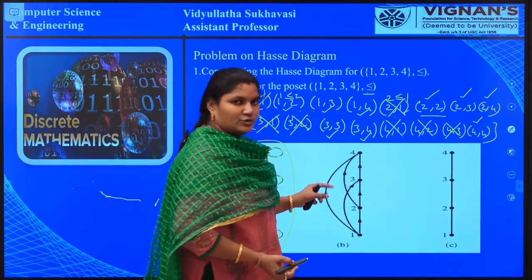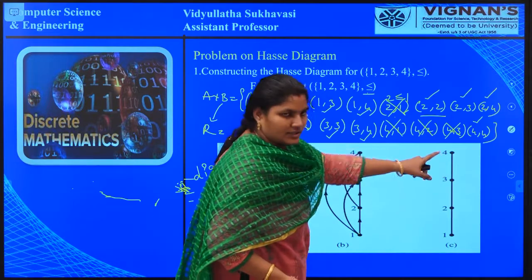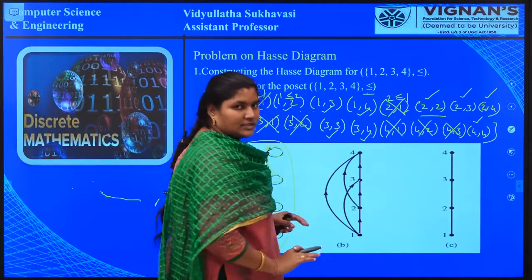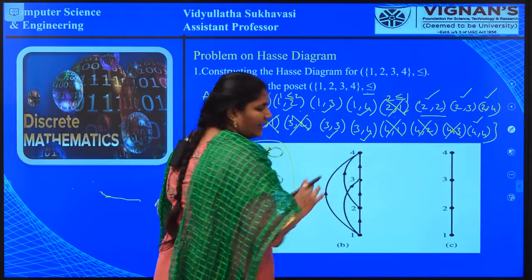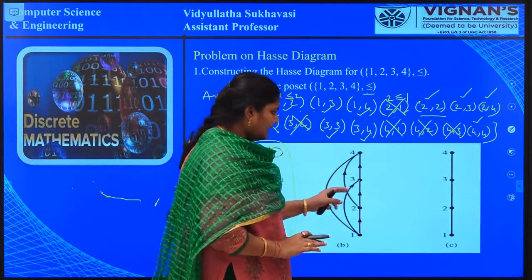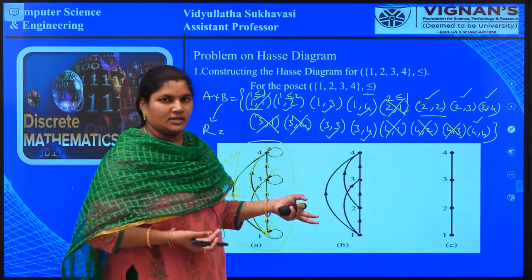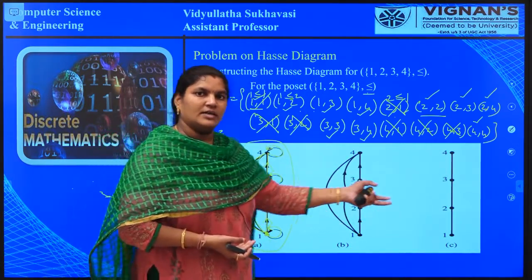Whenever we connect like this, we need to check whether an edge from 2 to 3 is there or not, 2 to 4 an edge is there or not. If there is an edge, we can draw like this. Otherwise, we can separately represent the edge for the Hasse diagram.